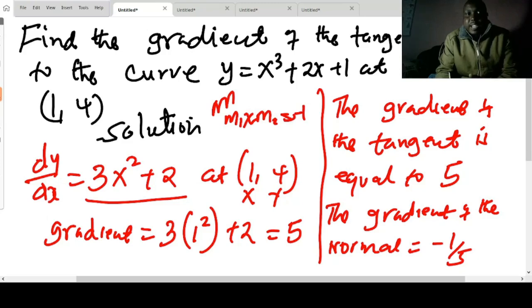For perpendicular lines, because the normal and the tangent are perpendicular, when we multiply the gradient of the tangent and the gradient of the normal, the answer should be -1. So that is 5 times -1/5, the answer is -1.